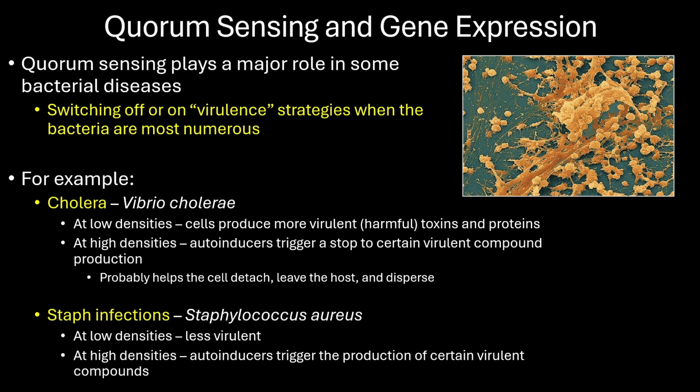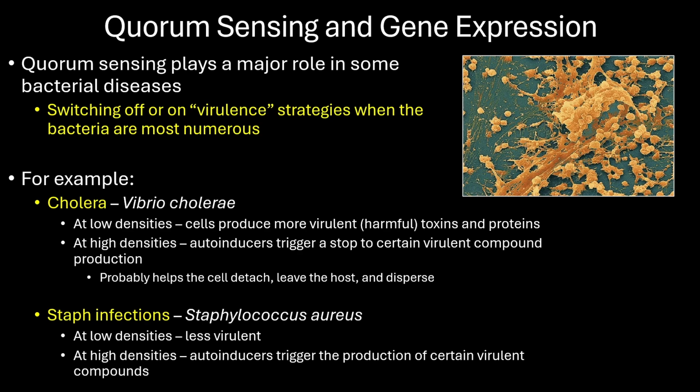So for example, cholera is a really problematic and significant disease caused by a bacterium called Vibrio cholerae. And this bacterium, when it occurs at low densities, as in when the cells are mostly alone, the cells will produce more virulent or harmful toxins and other proteins.